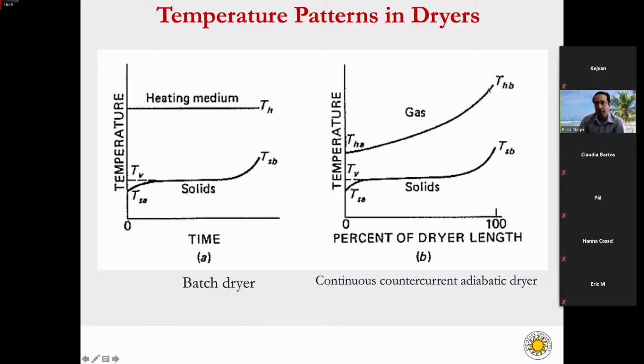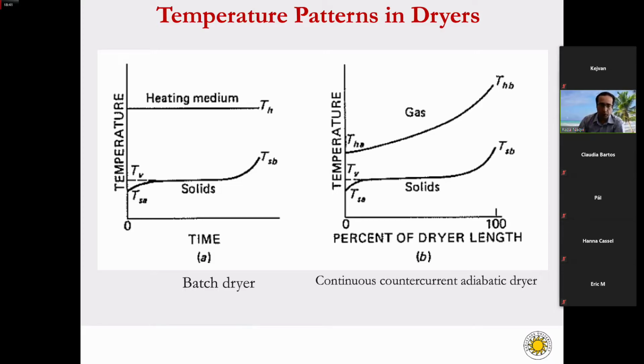But we have a countercurrent flow of the gas or air. So the temperature of the gas or air is higher at the inlet, and a little bit lower at the outlet of the dryer. So we have a countercurrent system in the dryer.